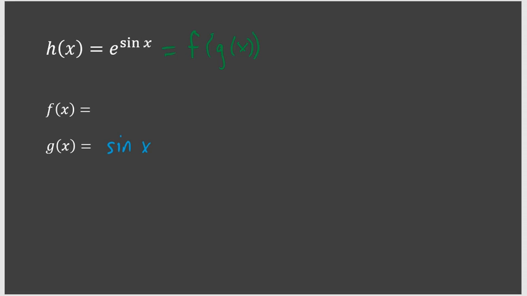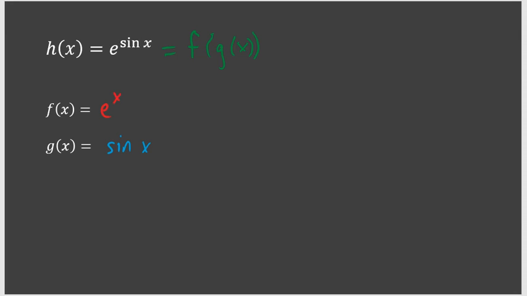My outside function, what is that sine of x being plugged into? Well, picture that sine of x just being replaced with the variable x. And that's going to leave me with my outside function, my f of x, being e to the x.